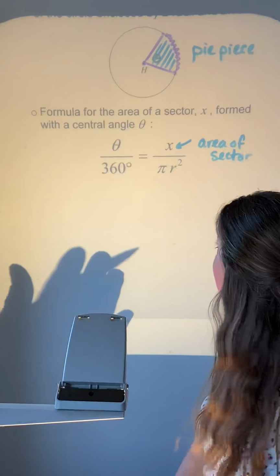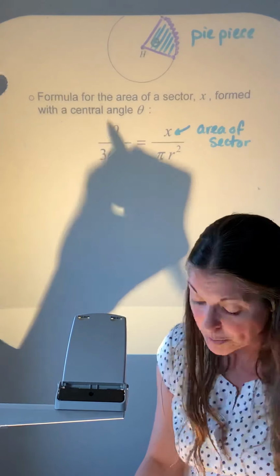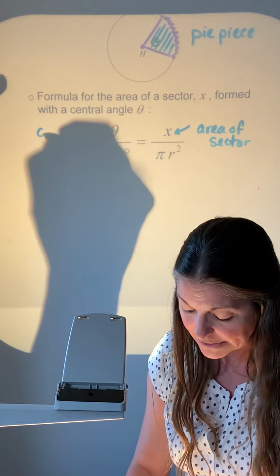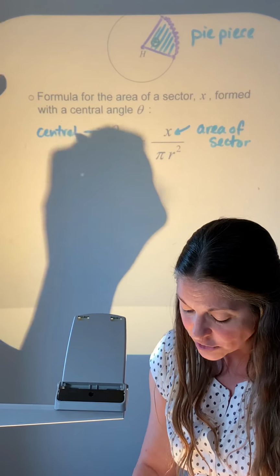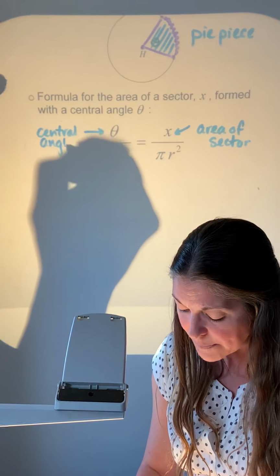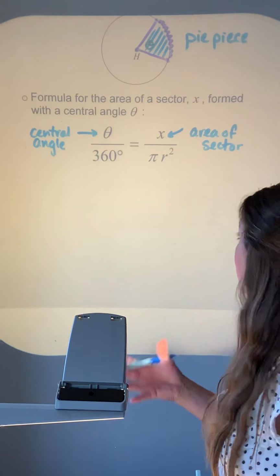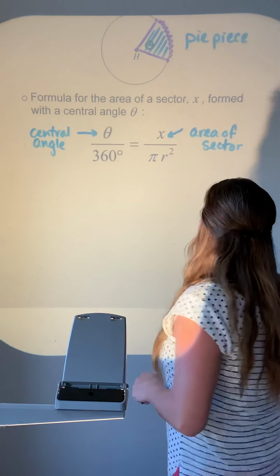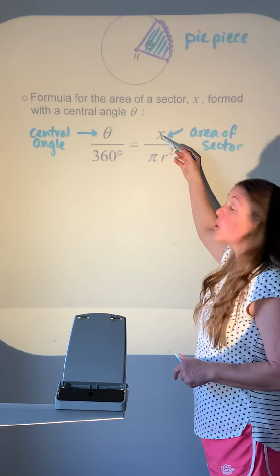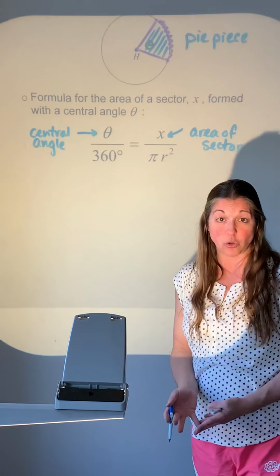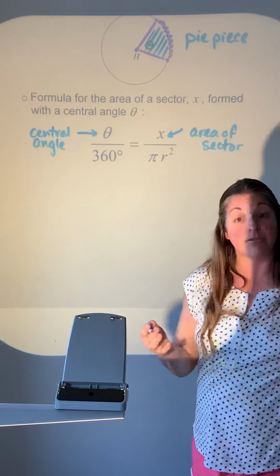Well, this is the same idea. We want to know that angle because that's what's going to go on top of here. So the central angle will be over top of 360 degrees because that is the entire degrees in a circle. And then the area of that sector is going to go over top of the total area, which would be the area of the circle.